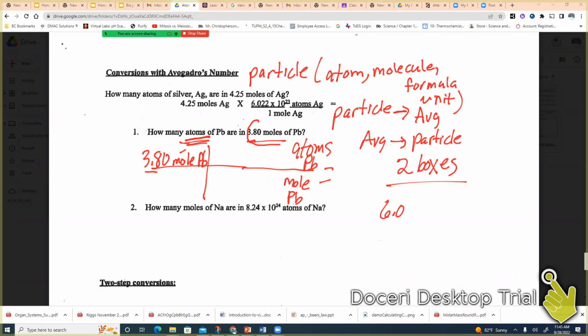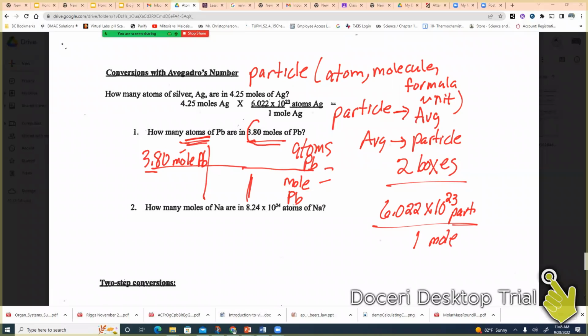So like we did on molar mass, 6.022 times 10 to the 23rd particles per 1 mole. So once again, if we're using a conversion factor, the 1 is always going to go with the mole. That's where we're at right now.